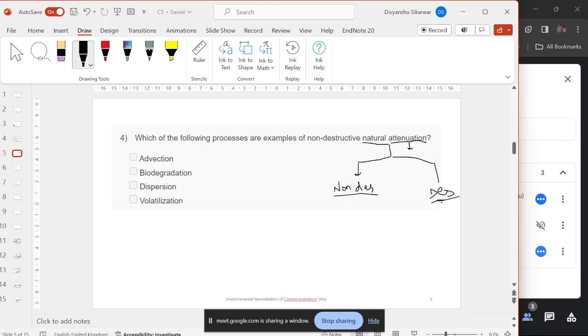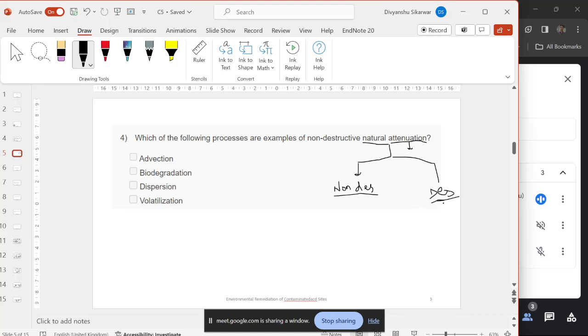Yeah, in destructive, if there is a compound which is a contaminant, we are degrading that compound, destructing the sample, mineralizing the particular compound. In case of non-destructive, we are just decreasing the concentration through different methods.